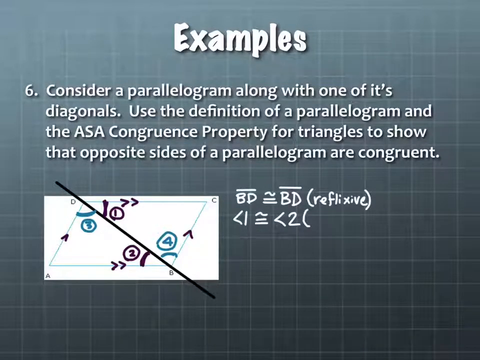And we talked about the fact that that's because they're alternate interior angles for which parallel sides? Angle 1 and angle 2, they're the purple ones. They're alternate interior angles for which parallel sides? The horizontal ones, the top and bottom, yeah.